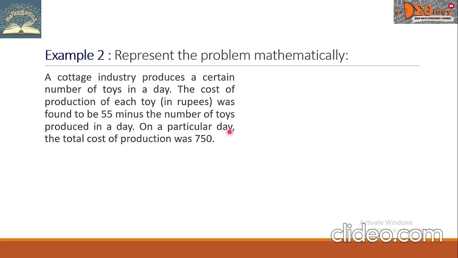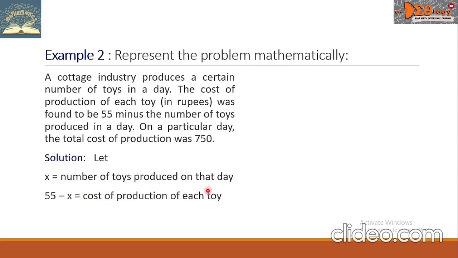On a particular day, the total cost of production was 750. We let x be the number of toys produced on that day, meaning 55 minus x is the cost of production of each toy.